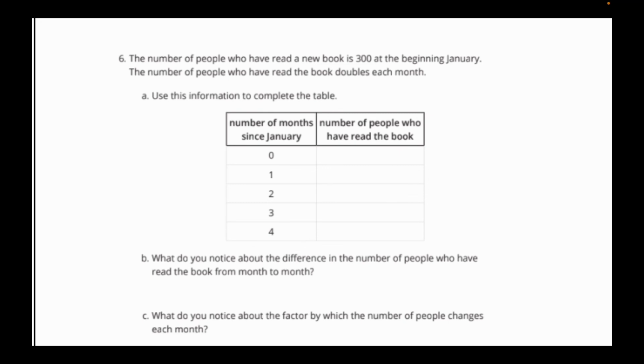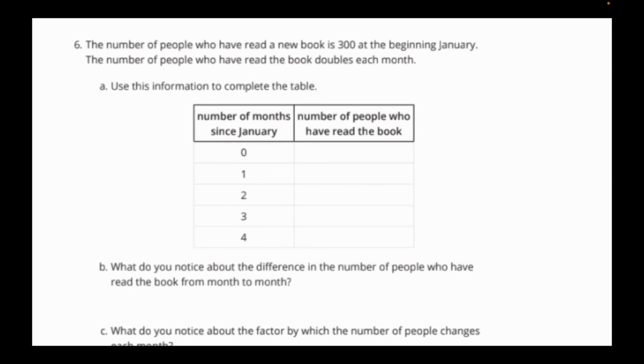Now, if this is 0, that means that is January. So in January is 300. Okay, now that's going to double. We're multiplying by 2 here, so this will be 600. And then we'll have 1,200, 2,400, and then 4,800.